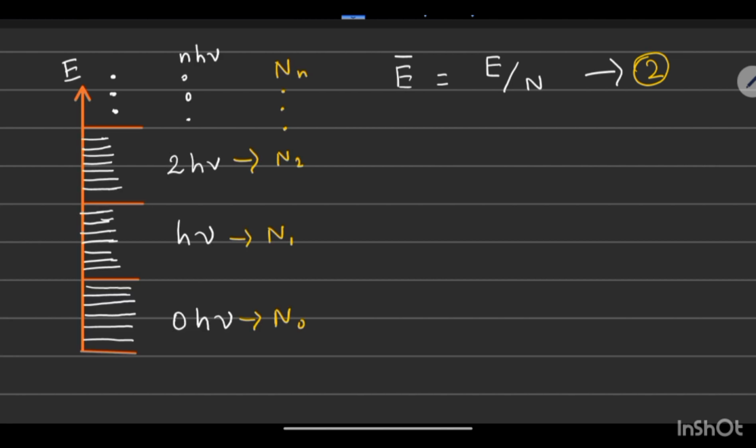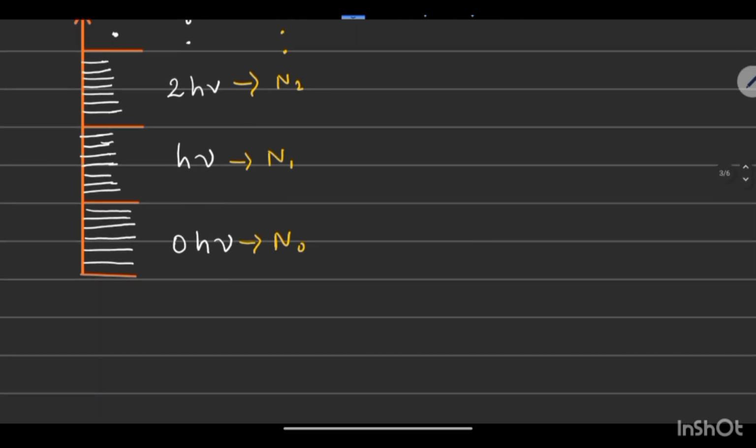This grouping is such that N0 is the number of oscillators that have the common energy of 0, whereas N1 is the number of oscillators that have the common energy of h nu, and N2 is the number of oscillators that have energy of 2h nu, and so on.